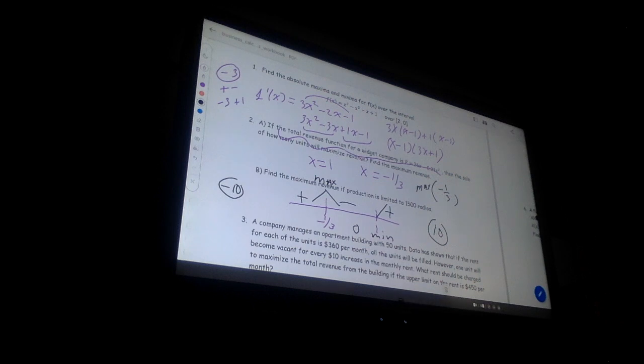So I'm going to go 1 divided by 3 to the third power, minus 1/3 squared, oh, shoot, that should be negative, minus 1/3, plus 1.